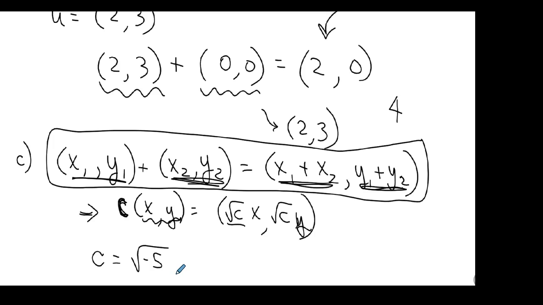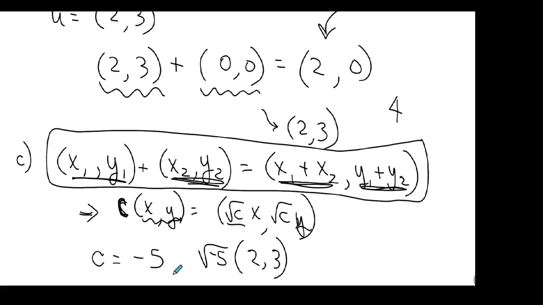So if I'm multiplying the square root of -5 by any ordered pair, I'll just use 2, 3. I'm sorry, I got ahead of myself. C is not the square root of -5. My scalar is -5. C is -5.